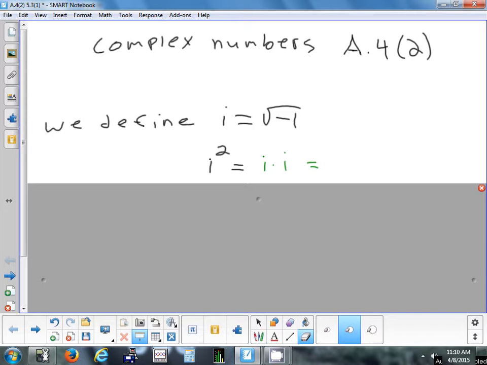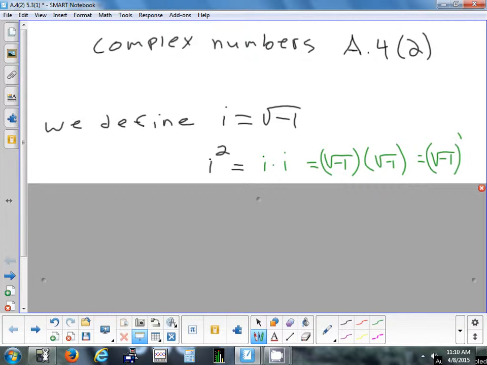So it's like writing the square root of -1 times the square root of -1, which, if you multiply the same thing twice, you can write as the square root of -1, squared. Well, if you square and square root, those two things cancel out, and you just get -1. Okay, that's important.